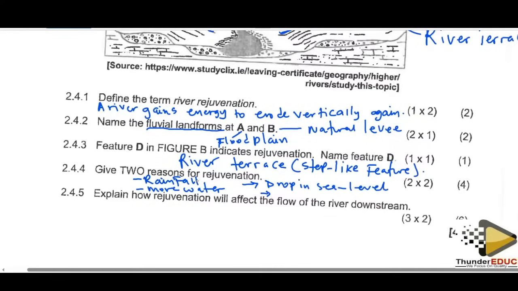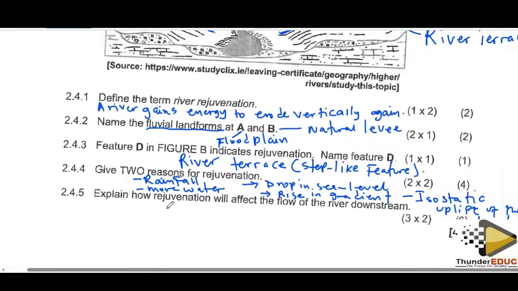Rise in gradient. We could as well say isostatic uplift of the land. So all these could result in a river being rejuvenated or regaining its energy.